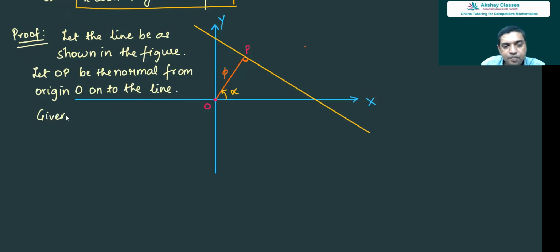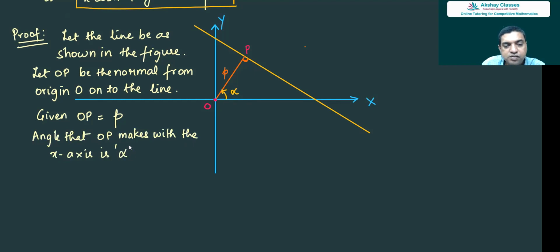Given OP is equal to small p. Also given, the angle that OP makes with the x-axis is alpha.